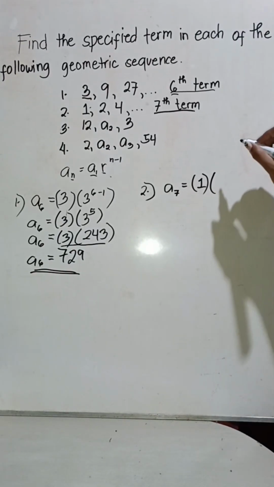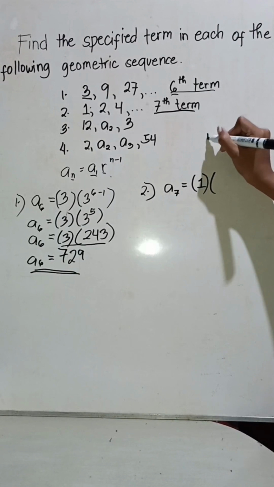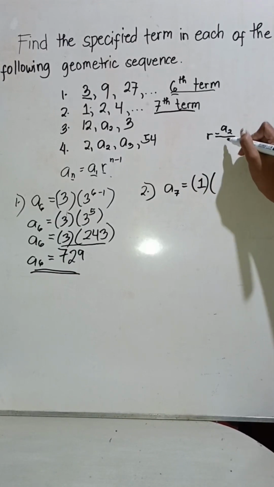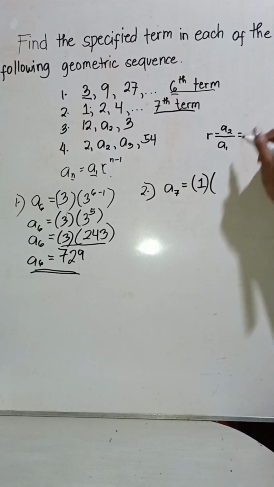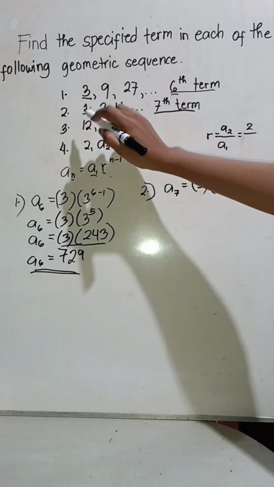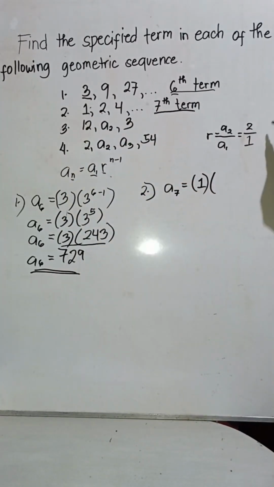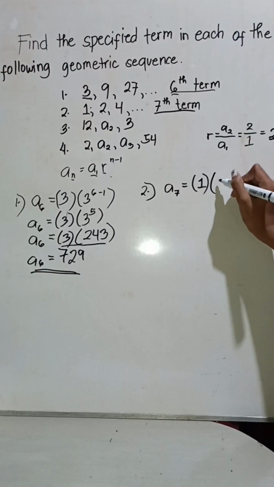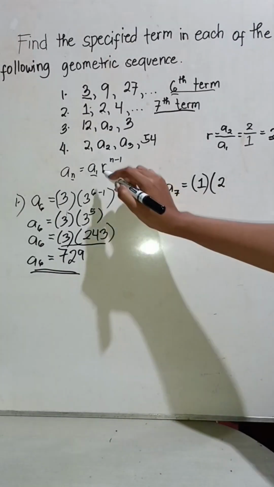Let us find the common ratio. r is equal to a sub 2 over a sub 1. Our a sub 2 is 2 over a sub 1, 1. So 2 divided by 1 is 2.